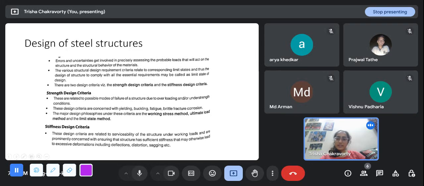So the major design philosophies under these criteria are the working stress method, ultimate load method, and the limit state method. The working stress method used to be really popular initially, when the Indian codes were written for the first time, and in the 1900s it was very popular. Then limit state design started coming around in the late 1900s, and now it is the most popular design method. The ultimate load method is not generally studied.